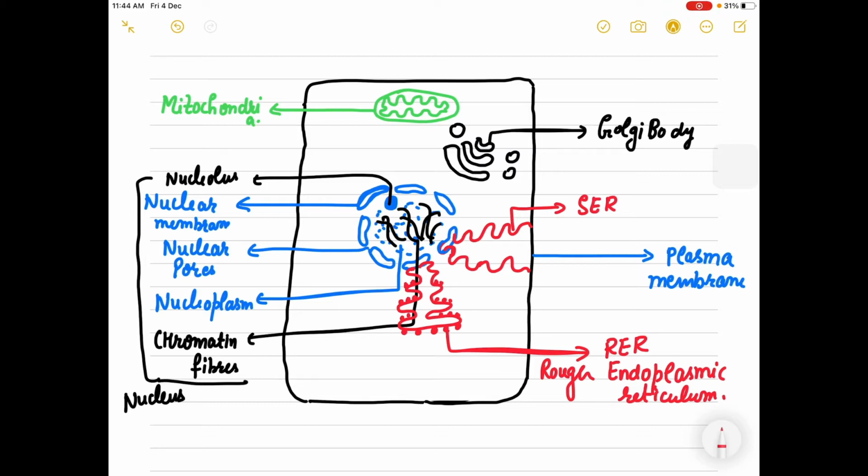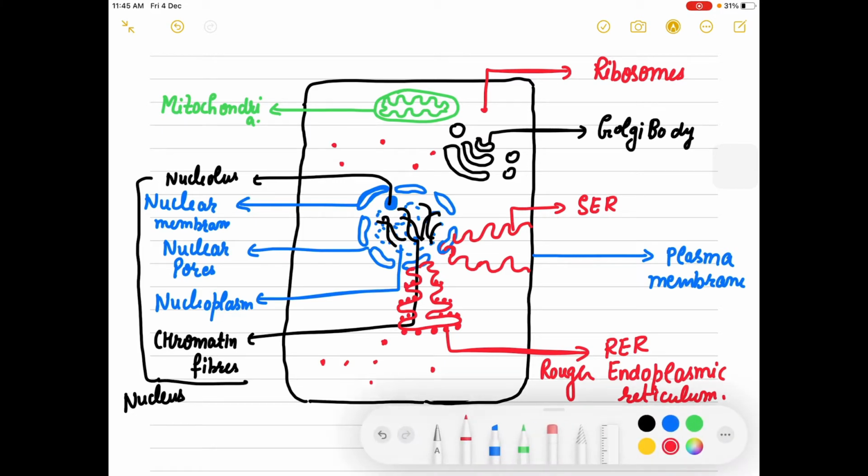One more thing we have to draw here is ribosomes, right? You have to draw these and just label them. These are ribosomes. So the nuclear membrane is clear, the nuclear structure is clear. Let's take another color.